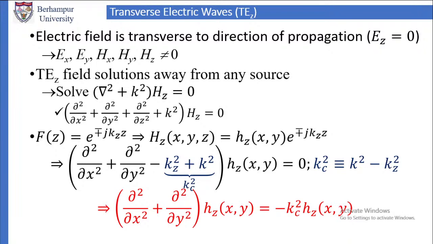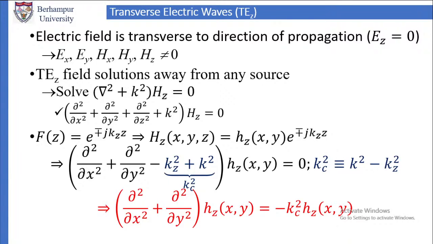So dou square by dou x square and dou square by dou y square remain as they are, for dou square by dou z square we write minus k subscript z square, and k square remains as it is, operating on small hz.